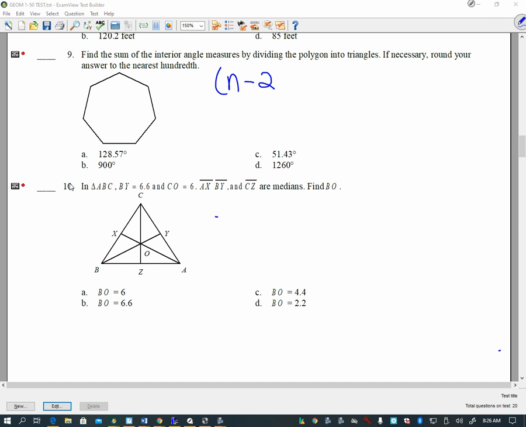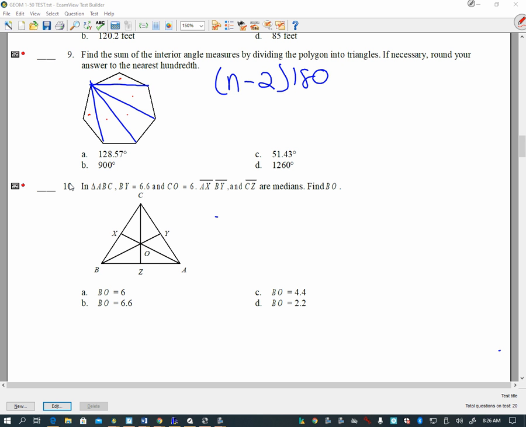N minus 2 times 180, because no matter how many sides there are, whenever I draw lines back to a single point, I always wind up with 2 fewer triangles than there are sides. 1, 2, 3, 4, 5. There's 7 sides, but only 5 triangles. How many degrees in each triangle? 180. So that's why 5 times 180 works.